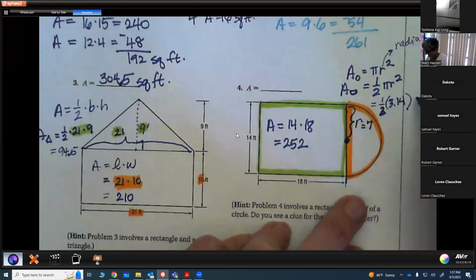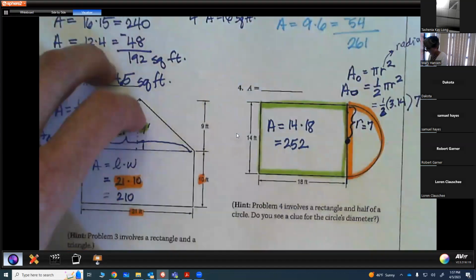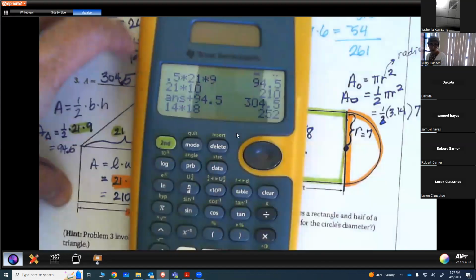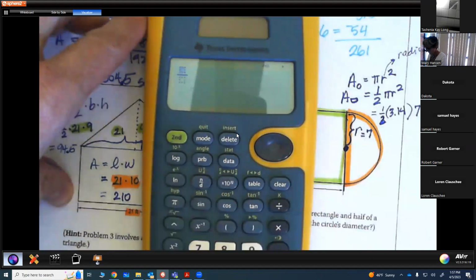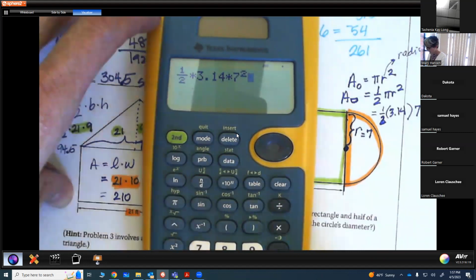Times 7 to the second power. And so in your calculator, if you've got this particular calculator, you can do the fraction 1/2 times 3.14 times 7. And the squared key is right next to the left of the 7. And you can type all that in one sitting.